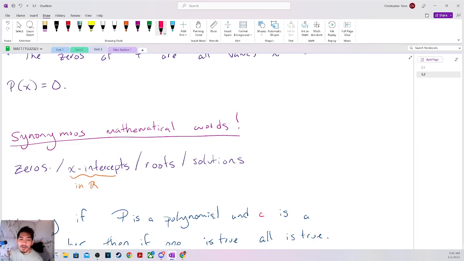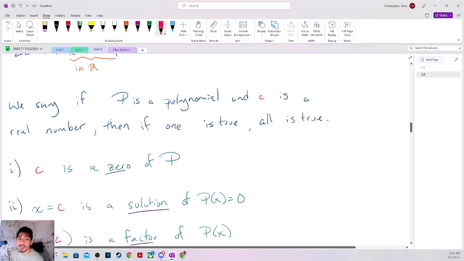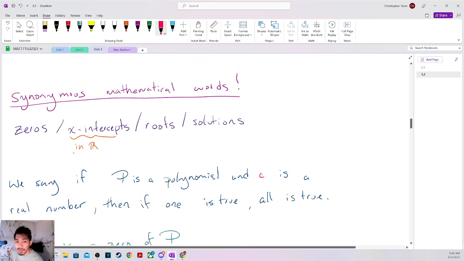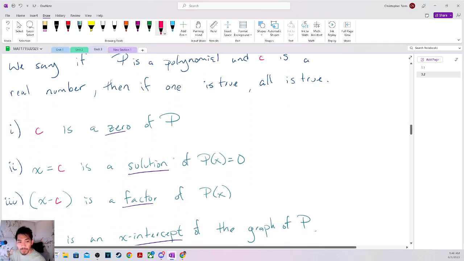So these all mean the same thing if you're in a real plane: zeros, x-intercepts, roots, and solutions. They all mean the same thing in this case. All right? So we say if p is a polynomial function and c is a real number, if one of these is true, then all of them have to be true. Remember, these are synonymous. So watch.